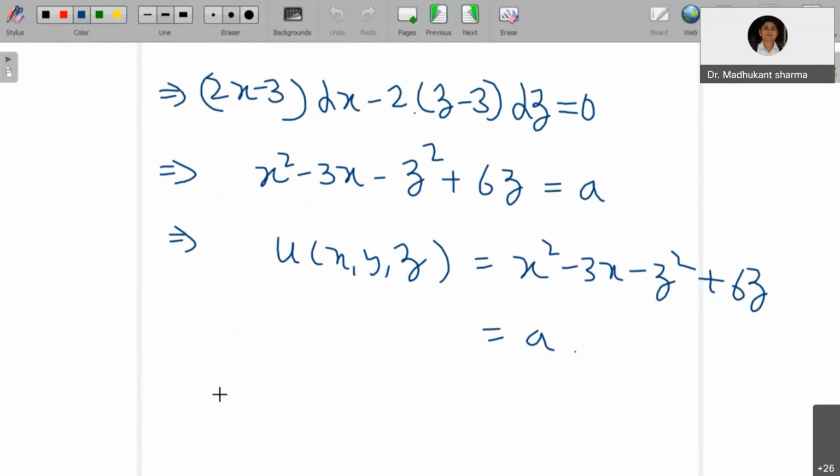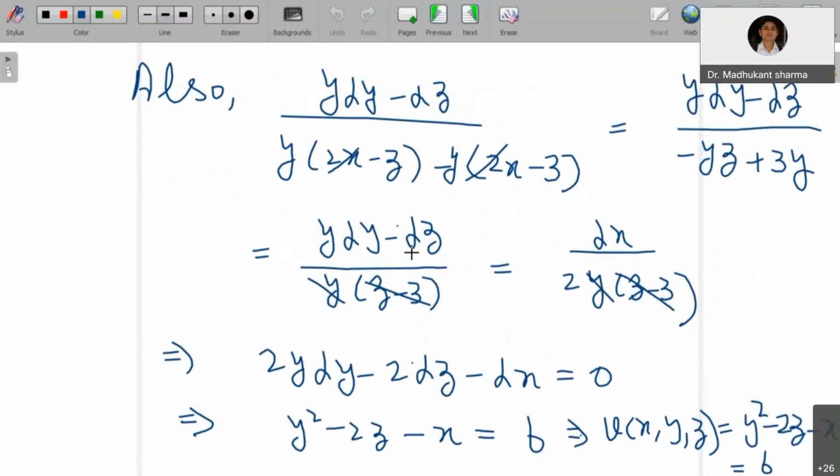That's fine. x square minus 3x minus 2z plus 6, right? So minus z square plus 6z is equal to a. That's perfectly fine.